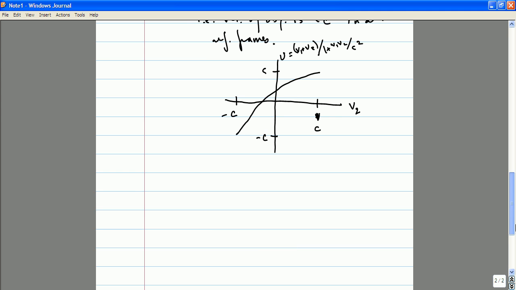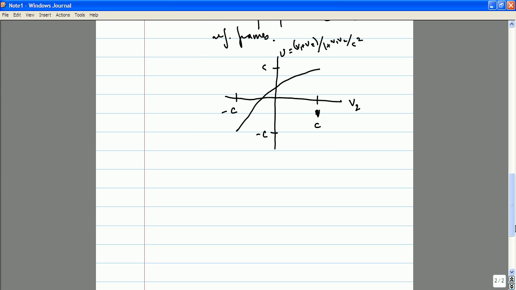Okay. So far, of course, I have considered events which are located only along a line. That is to say, I've considered only one spatial dimension, x.